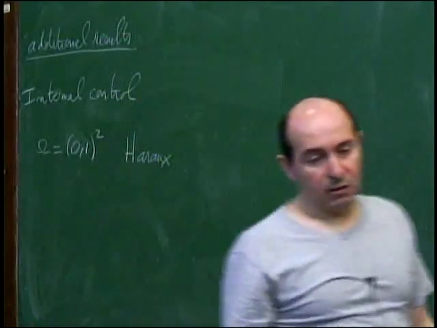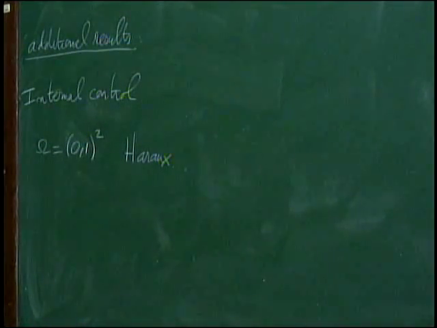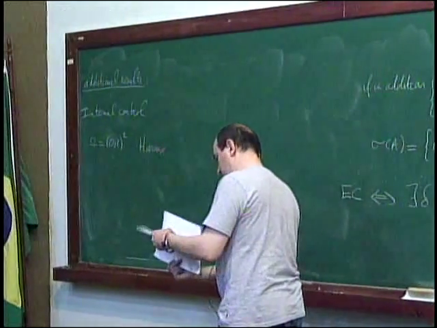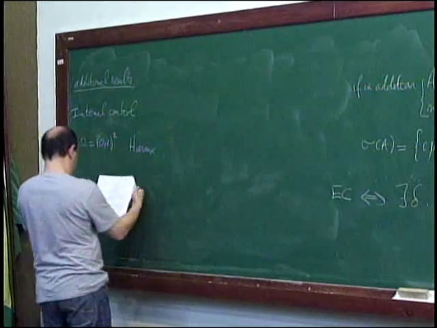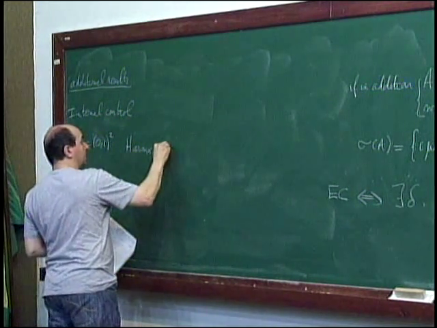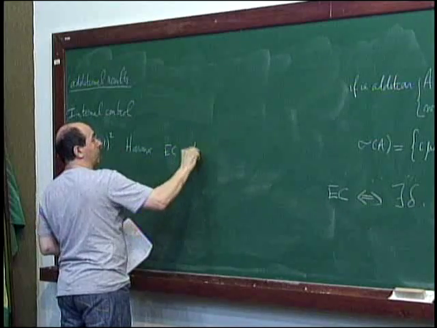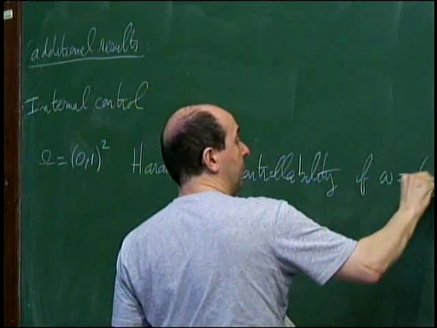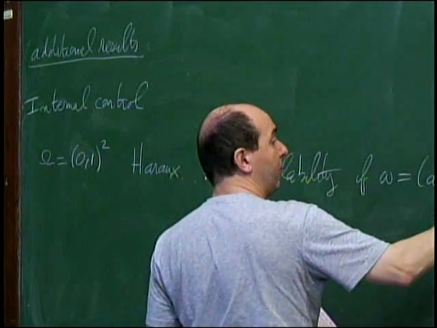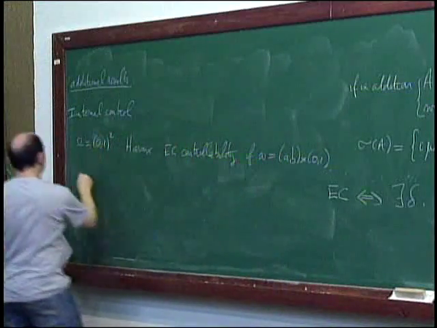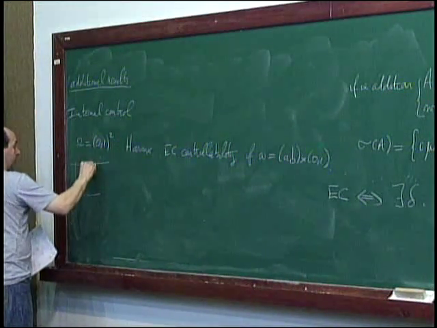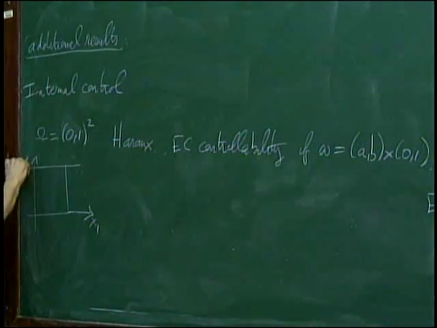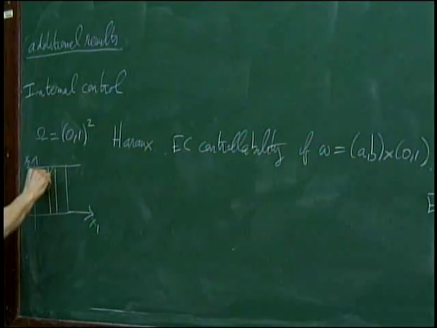So it was in 1990 that you have exact controllability if omega is any interval (a,b) times (0,1). So this is the picture. So you have (0,1). And, okay, your control region is like this.